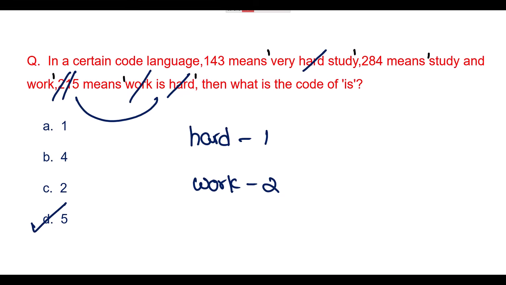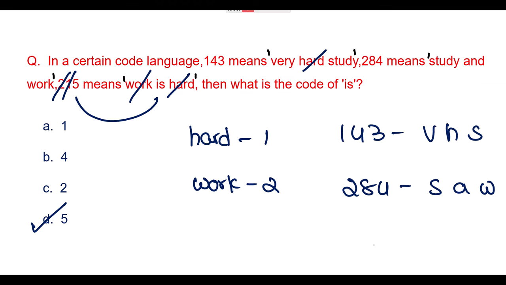Comparing first and last, comparing second and last. The question is regarding ease. Ease is in the last line. Last line should be compared with remaining. In question 143 means VHS, whereas 284 is nothing but SAW. In exam also you can write in this short note. 215 is WIH. The question is regarding ease.